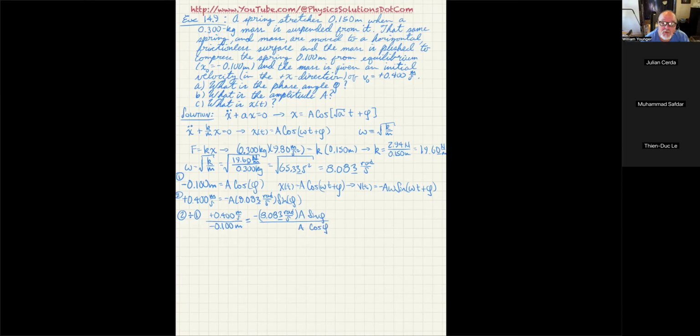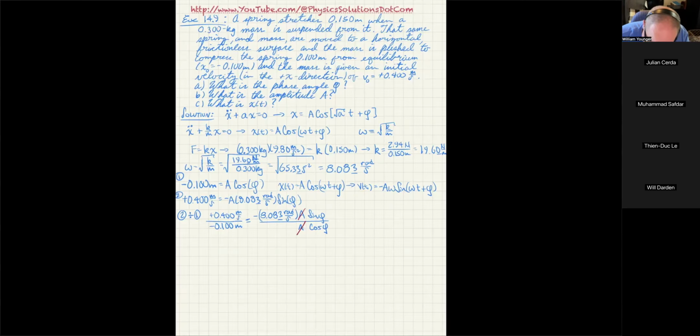The main thing you see here is that the A's cancel out, and that was partly why I chose to do the division. The sine phi over the cosine phi just becomes equal to tangent phi.